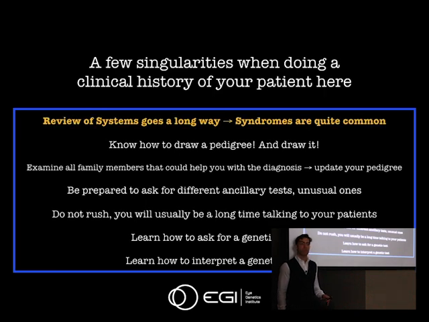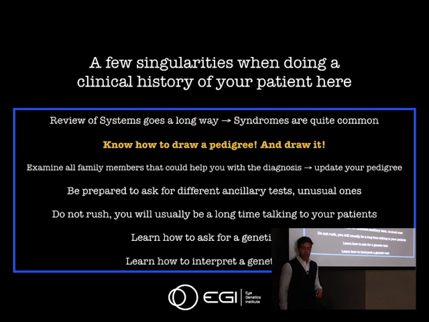Syndromic genetic eye diseases are very common, and if we just look at the eyes, we will many times miss other parts of the body that may be affected by that same genetic condition, by the same cause. It makes a whole lot of difference if we perform a very good, comprehensive and complete review of systems. So we always have to keep that in mind.